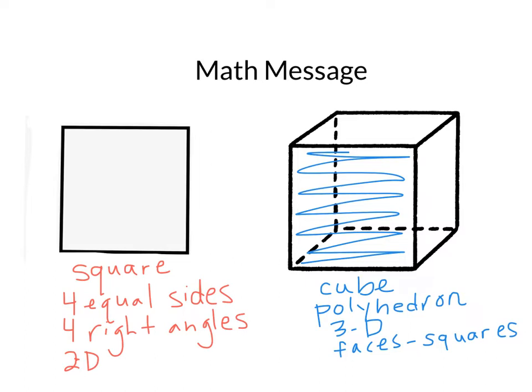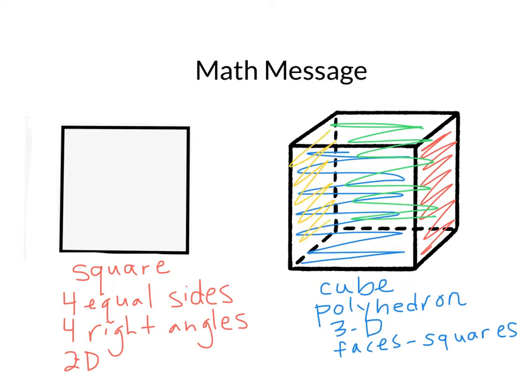So we already did 1. And if we keep going around, there's 2. I'll do another one. 3 along the back side. You can kind of see over there. 4. And then we've got the bottom. 5. And the top. 6. So we would say that there are 4 faces around it.